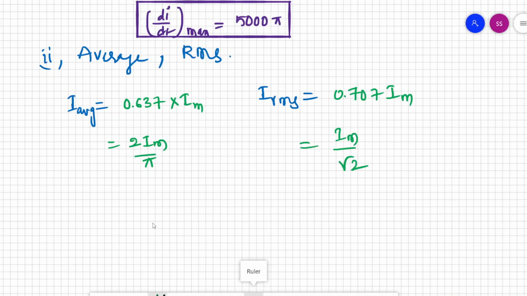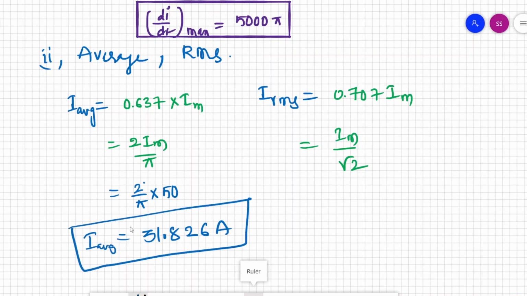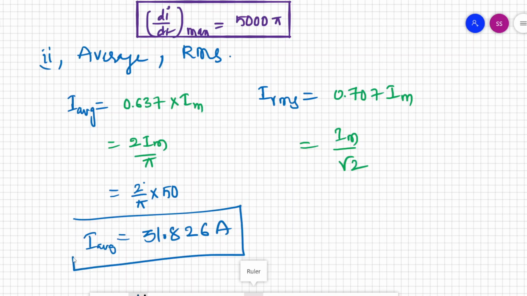If you substitute the values directly, you can find average and RMS values. So I'm starting with 2 by pi into I max, which is 50 in the given question. So the average value of the current comes to 231.826 amperes. You can simply substitute the formula and you can get the answers.